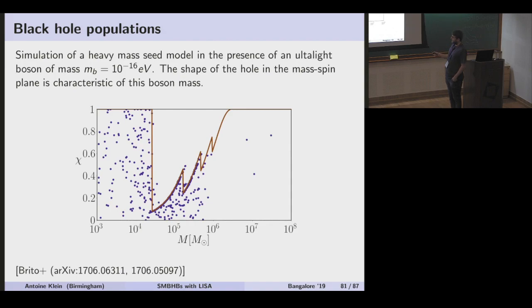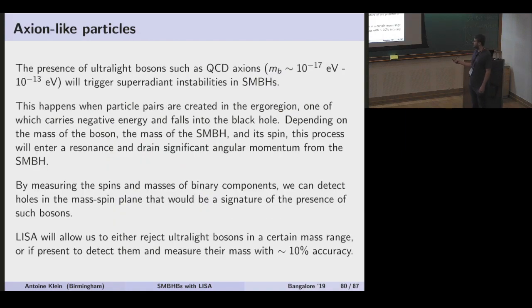And here's the simulation of black hole measurements with LISA in this scenario, and you can clearly detect the presence of the boson, and in fact you can measure its mass to 10% accuracy.